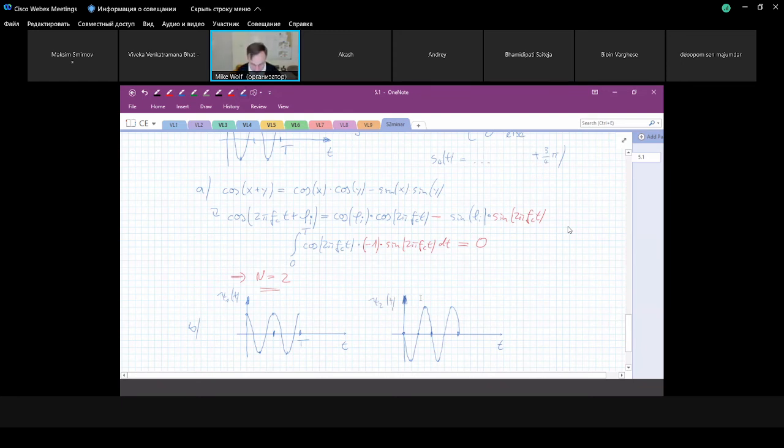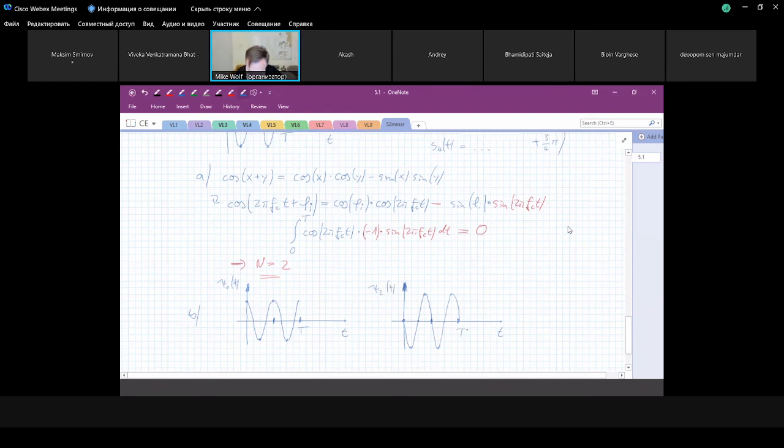And the only thing we need to do is we need to know how large is this scaling at these axes.